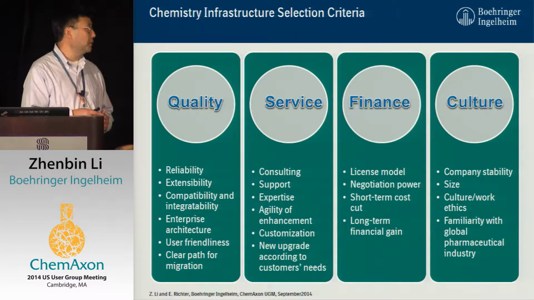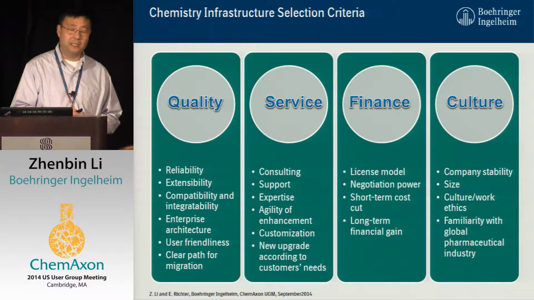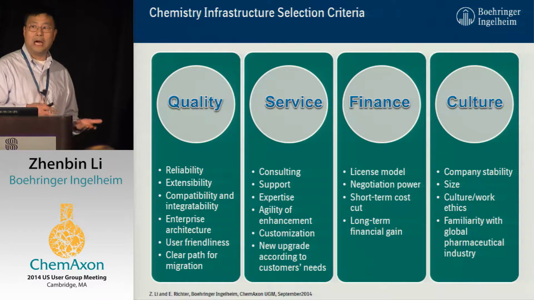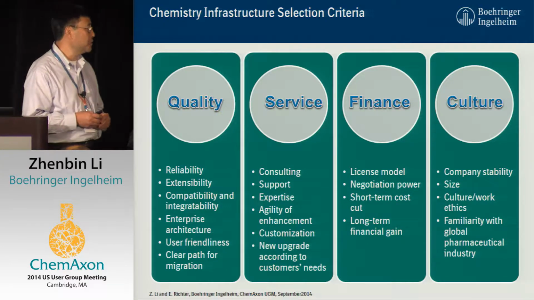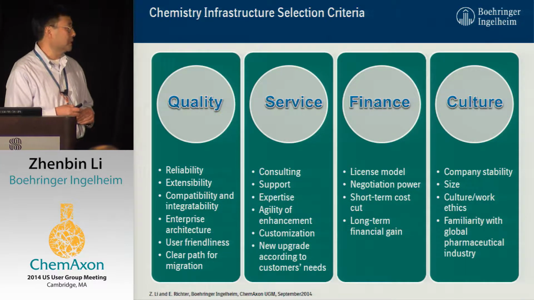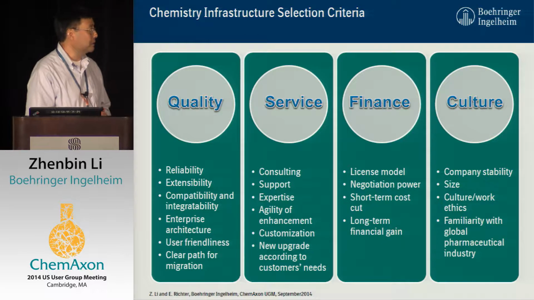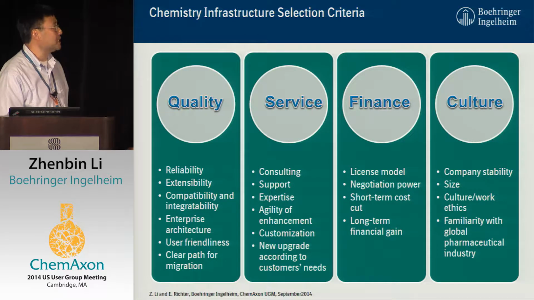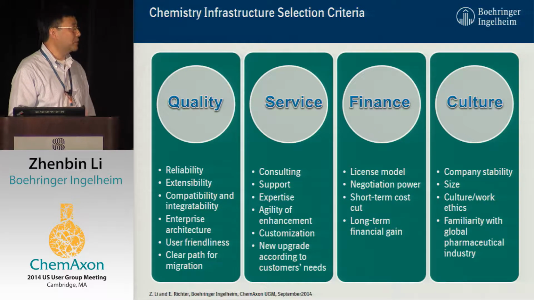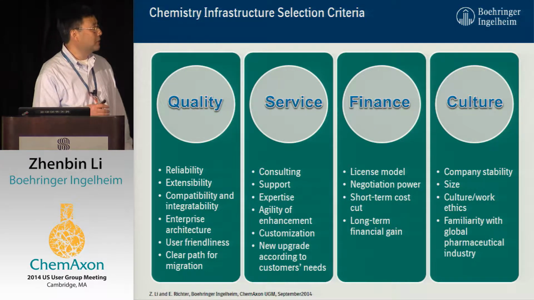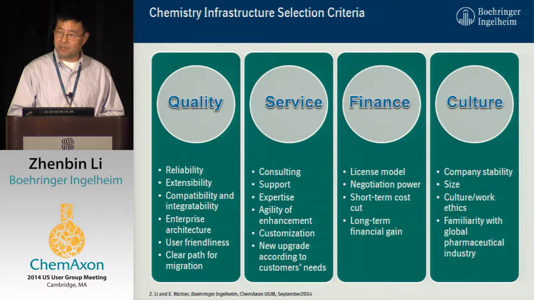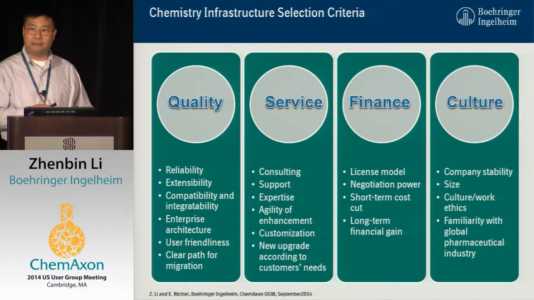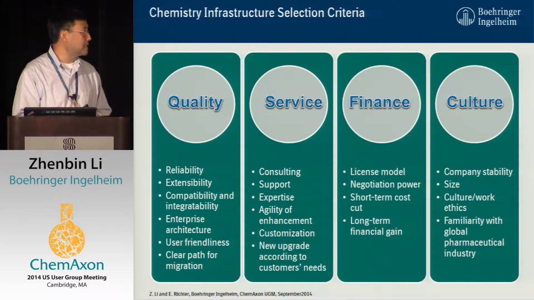We also look at the style of enhancement: are they willing to help us fulfill certain features, and how can they help us implement some of our needs? For the financial part, of course, we look at the license model, how much negotiation power we have, and whether it is a short-term cost cut or a long-term saving.